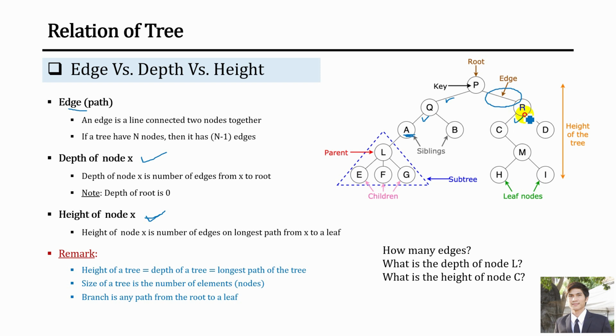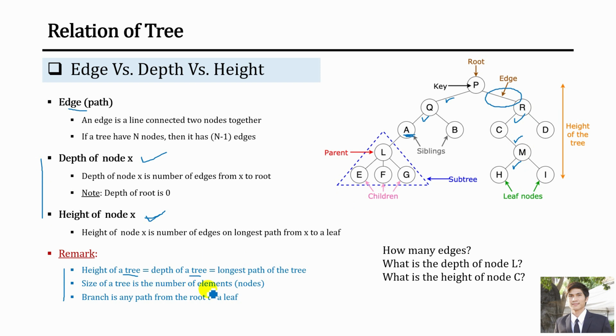Here we have this one, whether we go left or right, so there are 3. Just to remark, normally the height of 3 is the same as the depth of a tree. This one considers any node, but when we say the depth of a tree, it is the longest path of the tree.